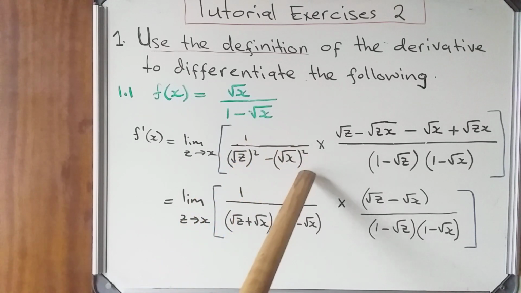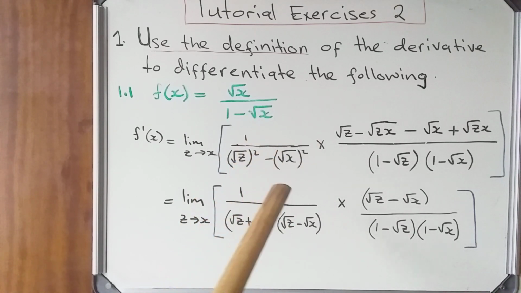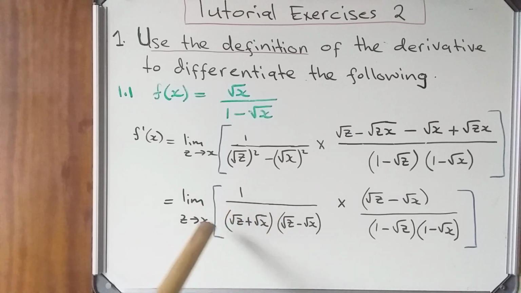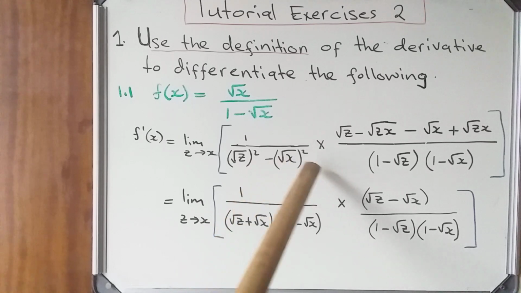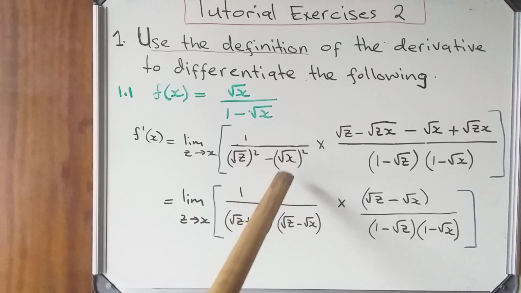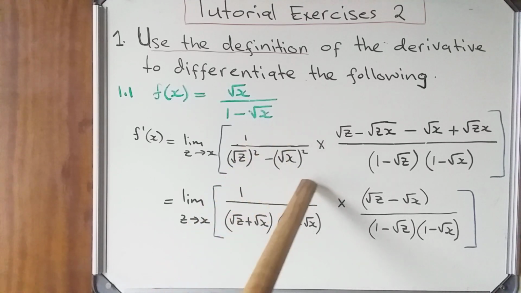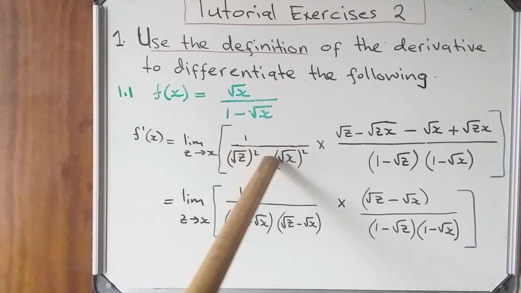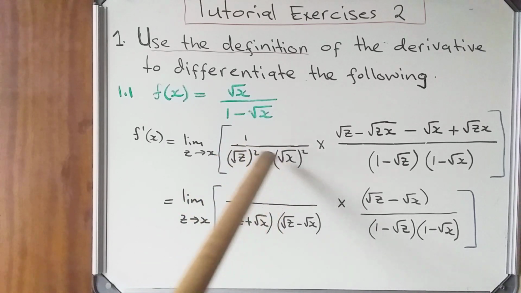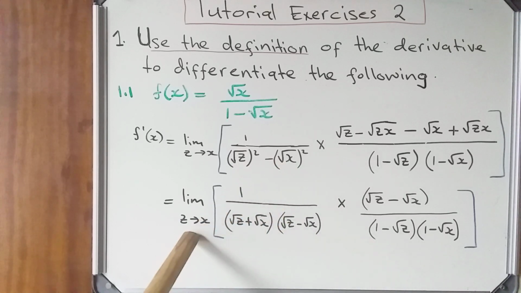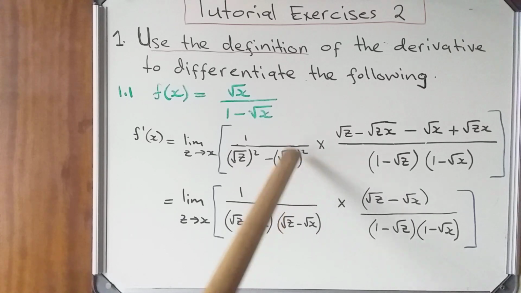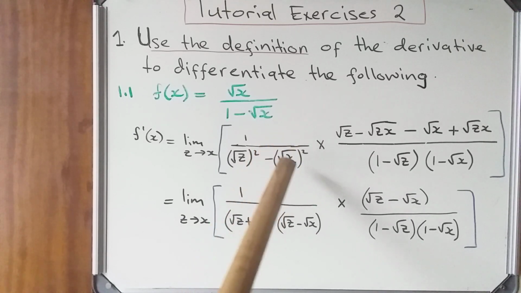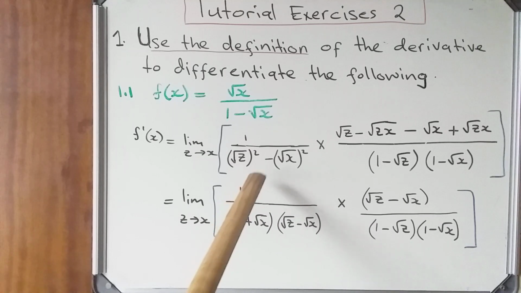When you substitute x here, it becomes x minus x, which is 0, and 1 divided by 0 is undefined. That is why we manipulated it into a difference of squares.